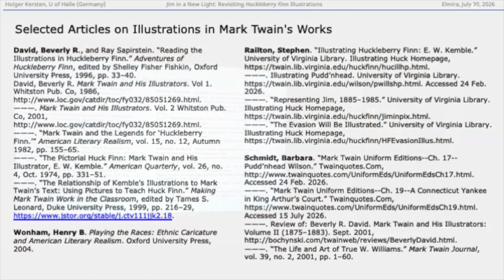Beginning in the mid-1970s, Beverly David played a foundational role in establishing the scholarly scrutiny of illustrations in Mark Twain studies. Through a series of influential articles, her commentaries in each volume of the Oxford Mark Twain, and her 2-volume Mark Twain and His Illustrators, published over the course of several decades, she documented the history of Mark Twain's collaborations with artists and provided a fruitful inspiration for subsequent scholarship.